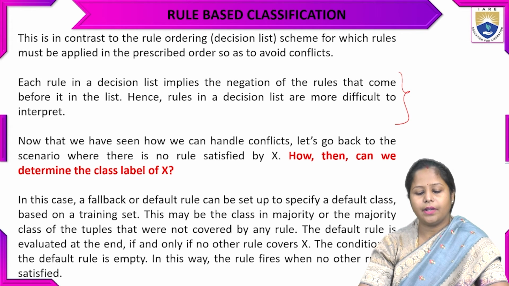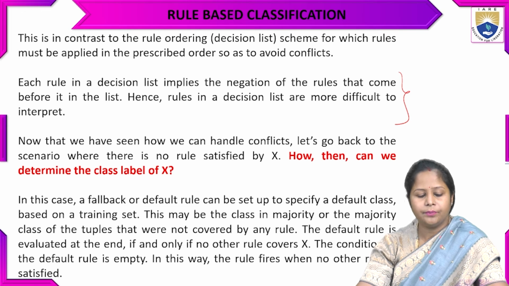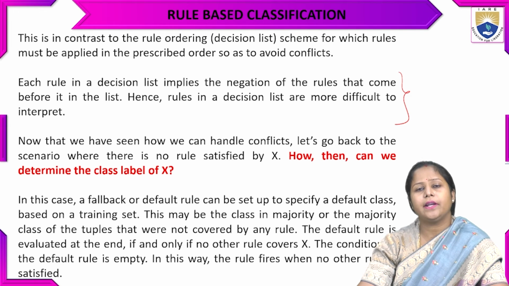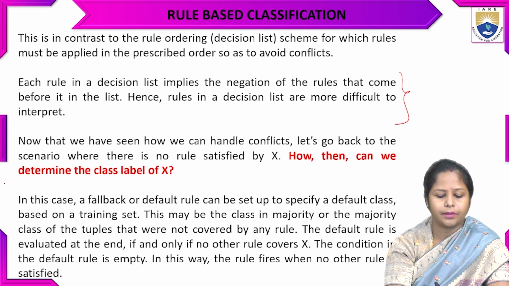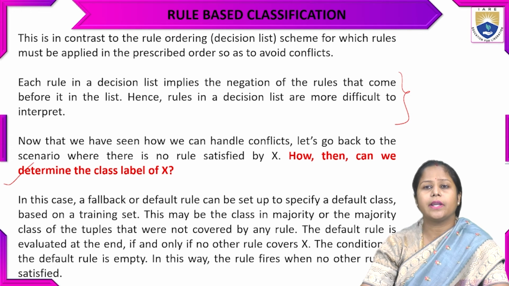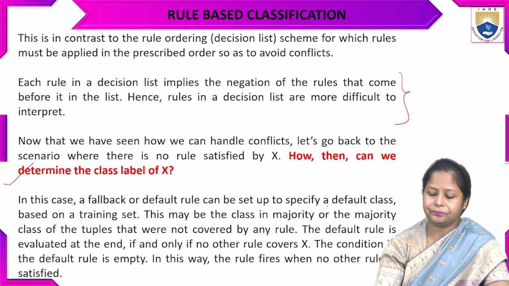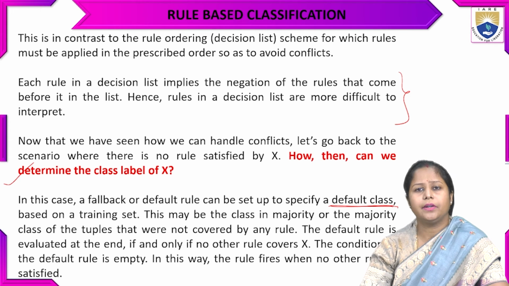So now that we have seen how to handle conflict, let's go back to the scenario where there is no rule satisfied by X. The question is, how then can we determine the class label of X? In this case, a fallback or default rule can be set up to specify a default class based on the training set.